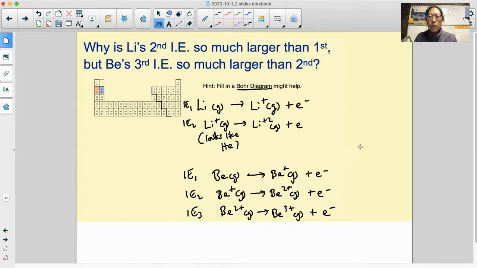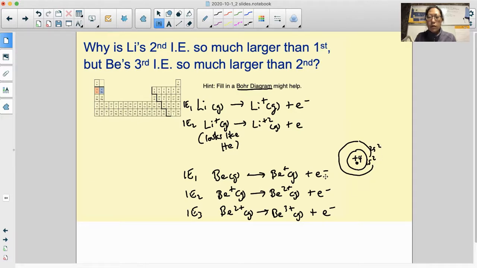So for this one, I am going to draw the Bohr model for you. I would say draw out the Bohr models for lithium if you're not seeing this. But for beryllium, the beryllium atom, we have a +4 nucleus. We've got the 1s2, and we have 2s2 here.